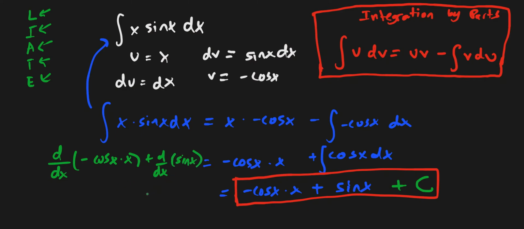So the derivative of sine is just going to be cosine x, and then here we have negative cosine x times x. So we can use the product rule. You can obviously bring this negative outside. We don't need to worry about that. So this is just cosine x times x.